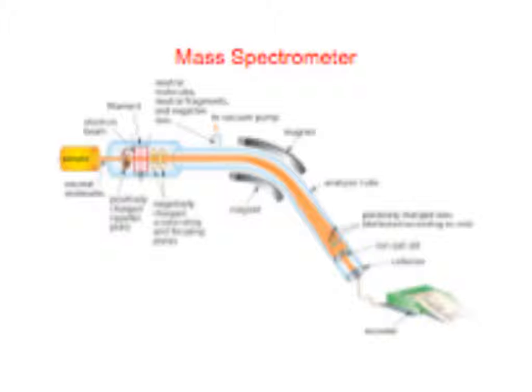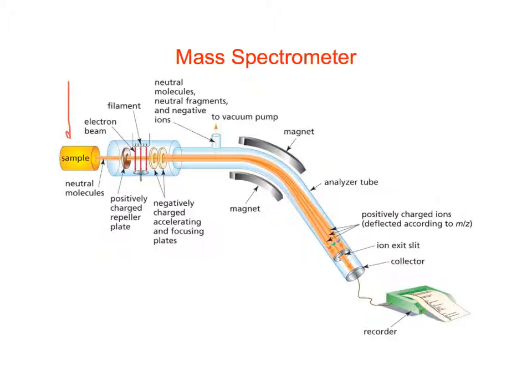So here's an example of one type of mass spectrometer. This is a single sector instrument. It means we're going to separate the ions one time. All right, and so in this diagram we have several pieces here. This is the sample inlet.